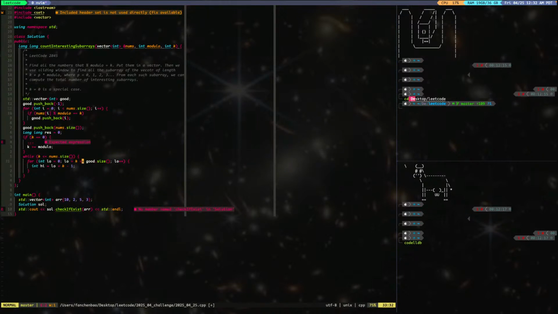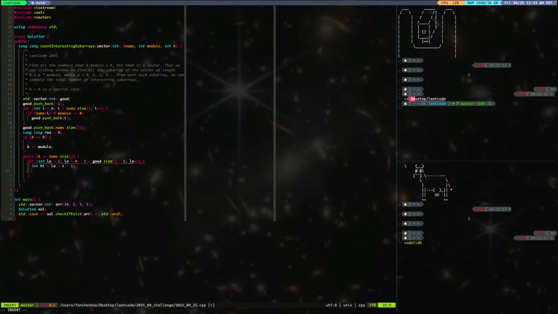So now when we do this, the low will start from 1, and basically this shall be smaller than good dot size minus 1. So we have extra at the front and extra at the end.